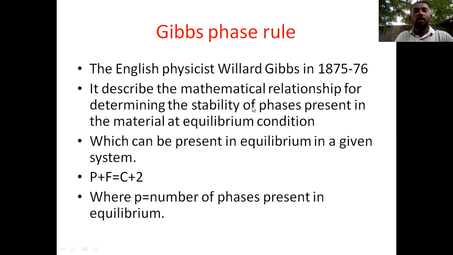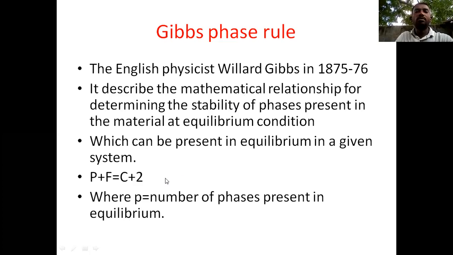With this rule, we find the stability of the phases present in the material at equilibrium. The Gibbs phase rule is nothing but a mathematical relationship determining the stability of the phases present in a material at equilibrium condition. So this we call the Gibbs phase rule.